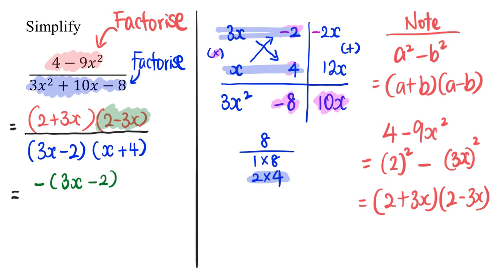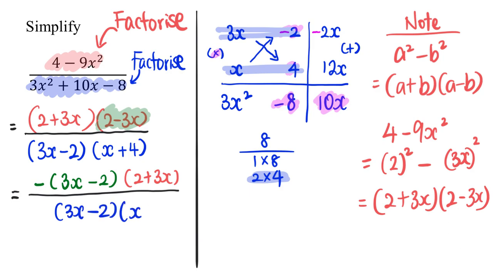I still have my 2 plus 3x somewhere. Below is still the same. Because if I were to expand out, negative times positive 3x will give me back my negative 3x. Negative times negative will give me back my positive 2. So we are still equal to each other.